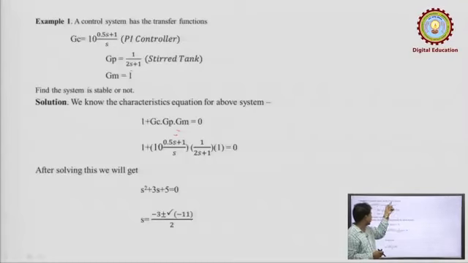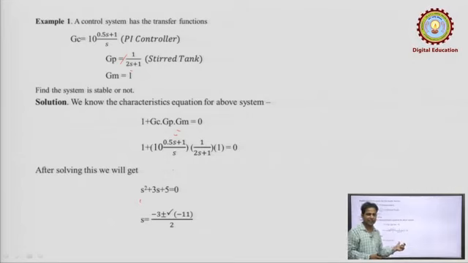I just put the values of the different elements like controller, process and measuring element into the characteristic equation. So, I wrote 1 plus the value of Gc, Gp and Gm equal to 0 and just solved it. After solving that equation you get a quadratic equation like s square plus 3s plus 5 equal to 0.